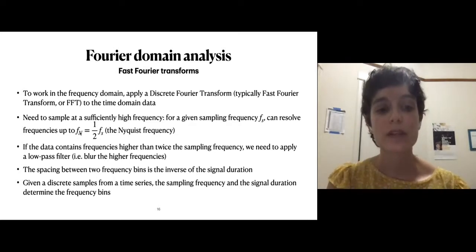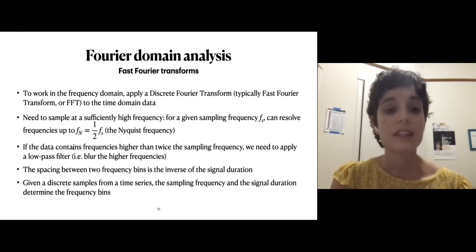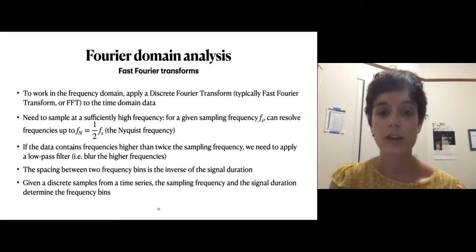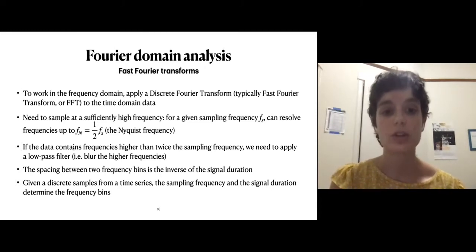That maximum frequency you can resolve from your time series data is the Nyquist frequency. That's just what it is called. If the data contains frequencies higher than the Nyquist frequency, we need to apply a low pass filter to that data to blur the higher frequencies.